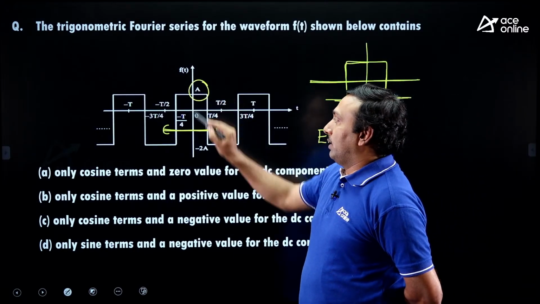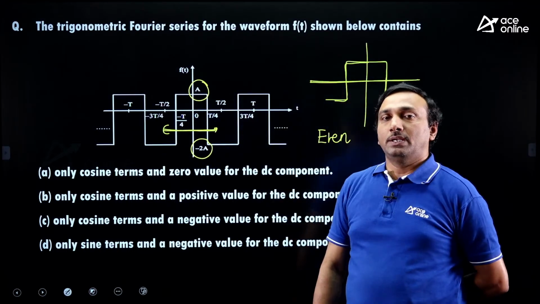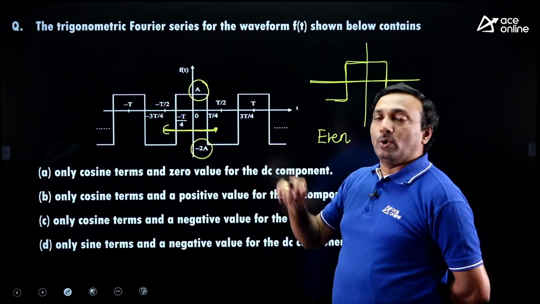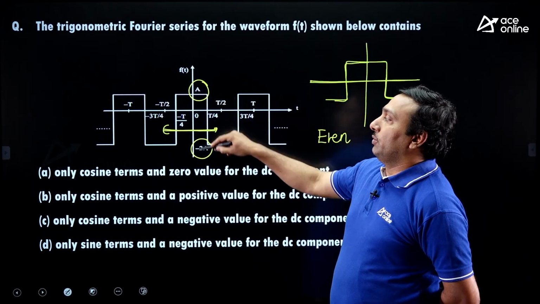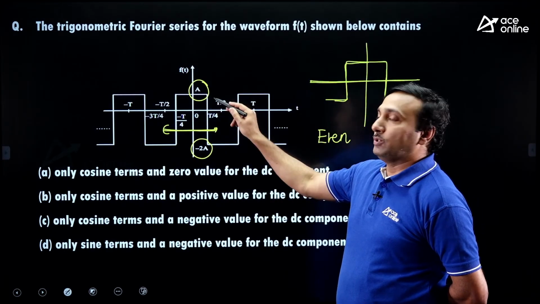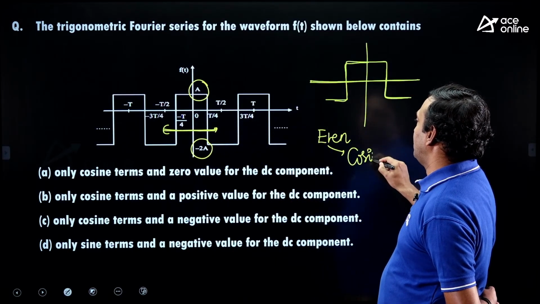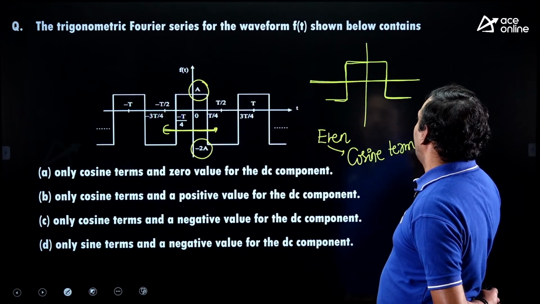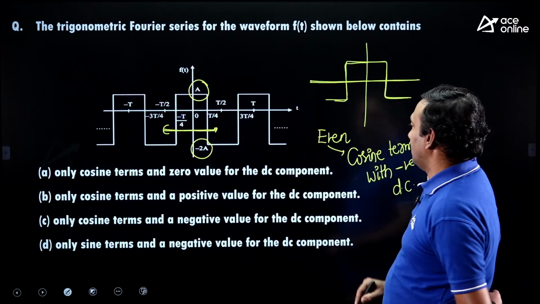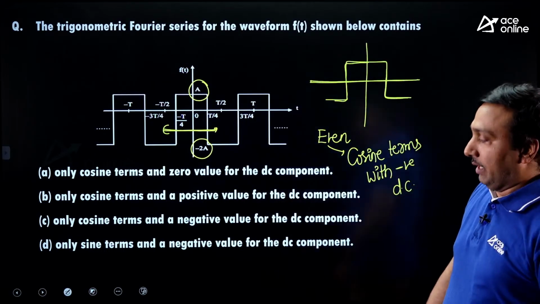But if you see the amplitude levels of the given periodic waveform, above is a, below is minus 2a. Above plus a, below minus 2a means it will have a negative DC. When the positive and negative amplitudes are equal, there is a chance of DC being 0, but here they are not equal. So it is exhibiting even symmetry, meaning cosine terms, with negative DC, because the above amplitude level is a and the below amplitude level is minus 2a.